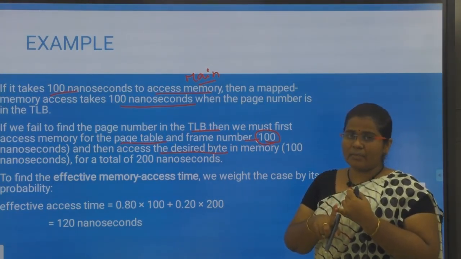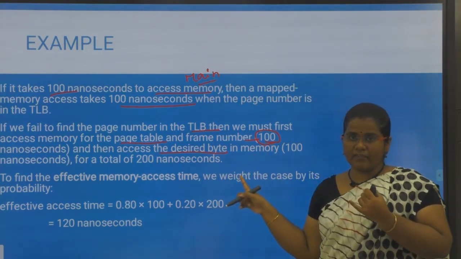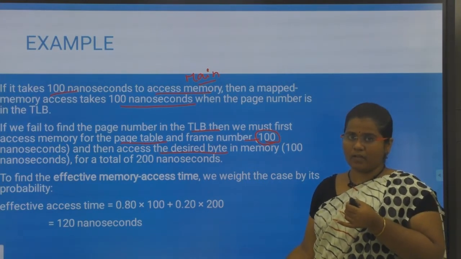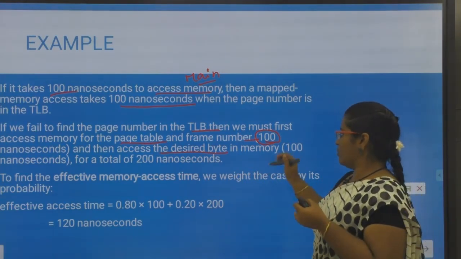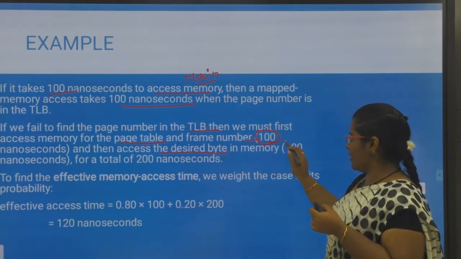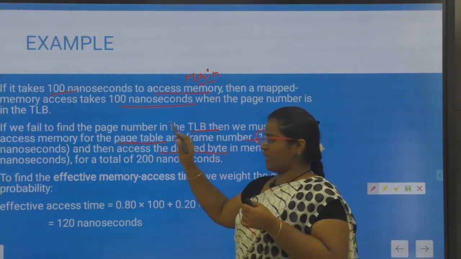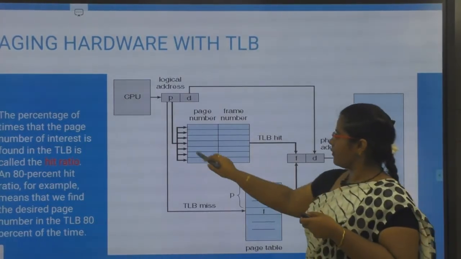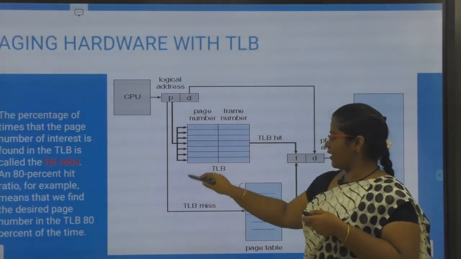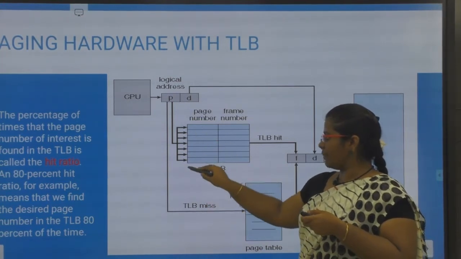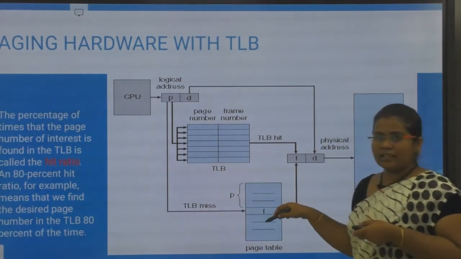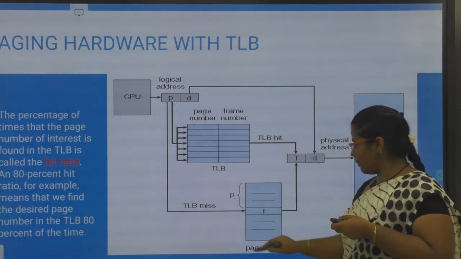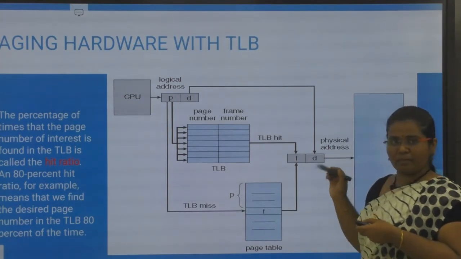Whenever we have a TLB miss, you will check the TLB first, and if it is not present, you will go to the page table. Observe the previous diagram here. First you check the TLB and then you go to the page table. This page table is present in your main memory.